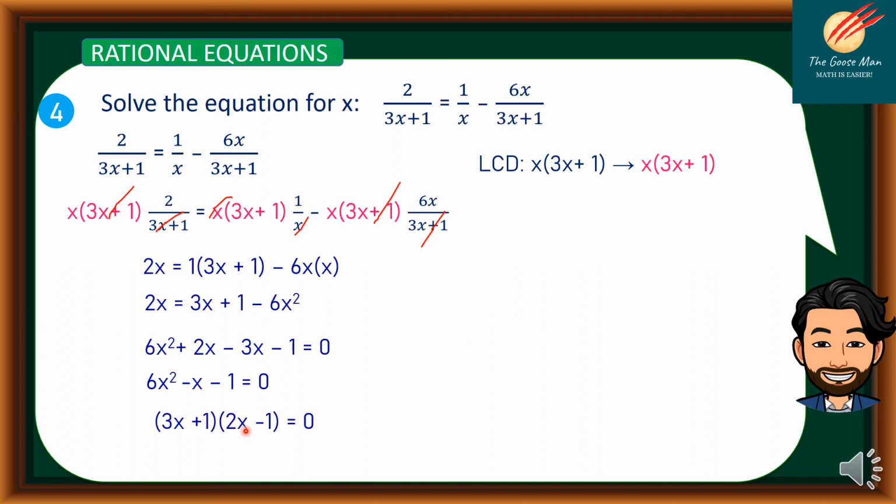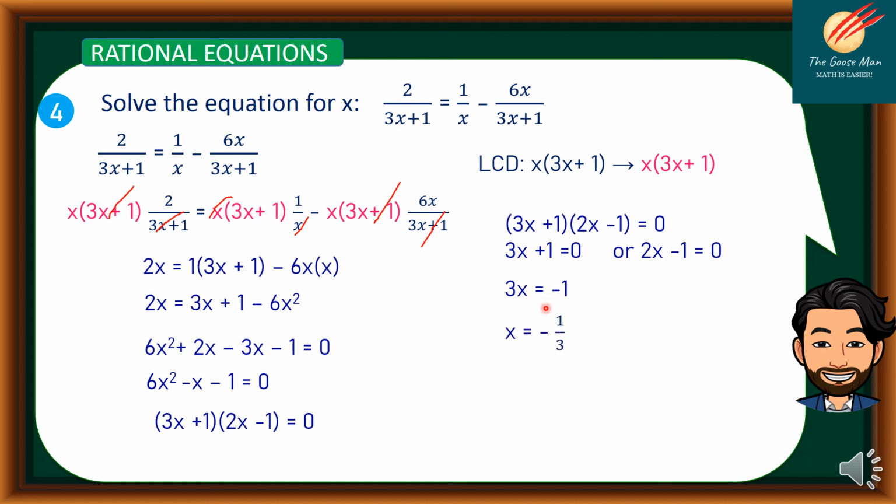Solving again, 3x plus 1 times 2x minus 1 is equal to 0. Factoring, I have 3x plus 1 equals 0, or 2x minus 1 is equal to 0, using the zero property. If I subtract both sides of the equation by 1, I have 3x is equal to negative 1.